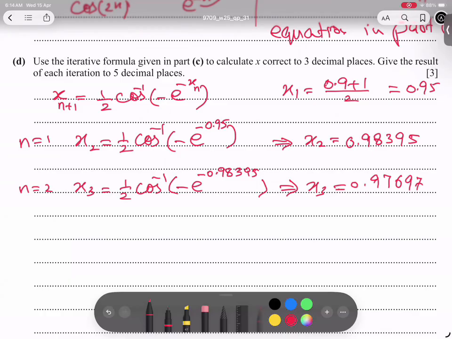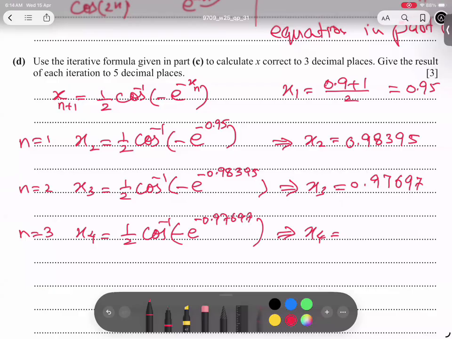And what I'm going to do now, again, n is 3 and x4 will give you half cos inverse negative e to power. Now this value will come here. So negative 0.97697. So what value I get now? Okay.